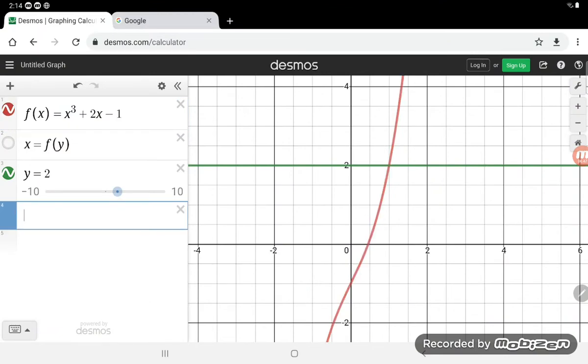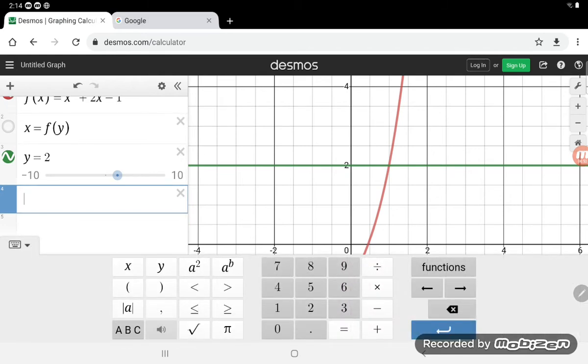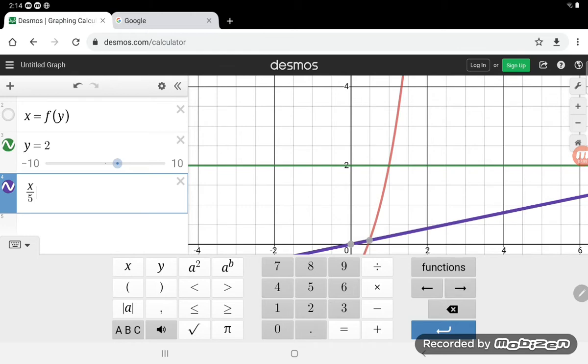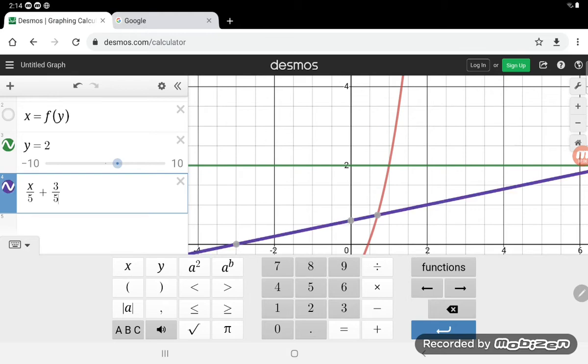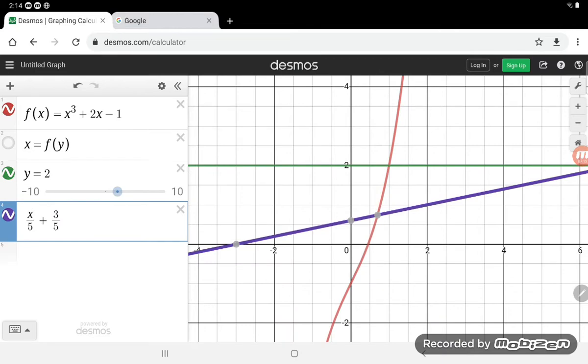So we had, I believe, y equals x over 5, so divided by 5, and then plus 3/5, I think, 3 divided by 5, and we get that tangent line now to the inverse function. Well, the interesting thing here is, for one, notice it is going through 2, 1, so that's good.